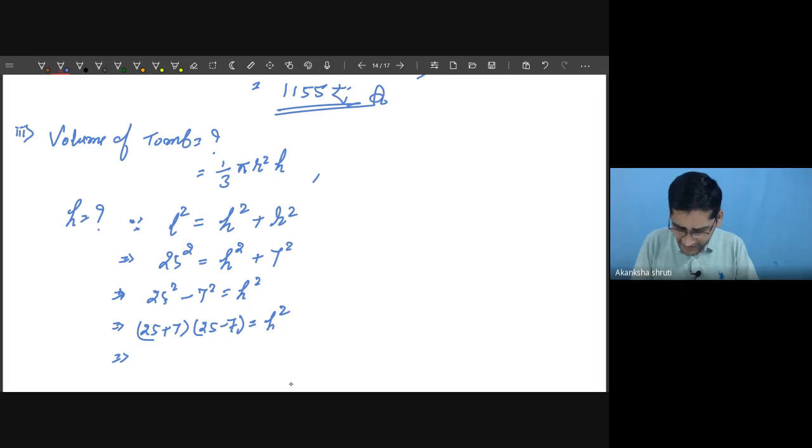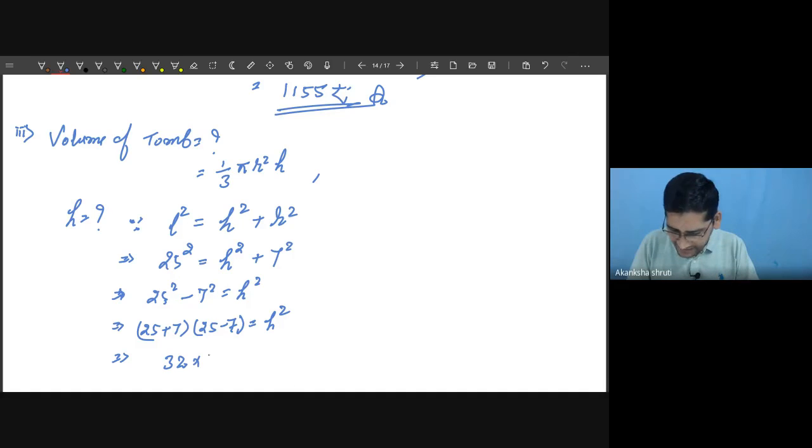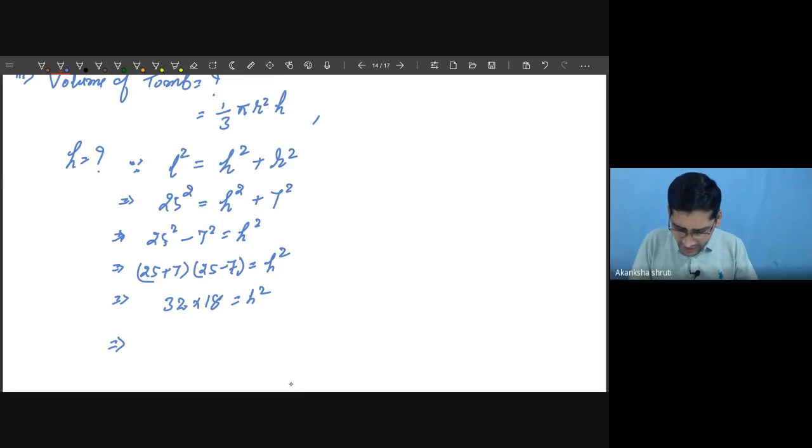These two are in product. So 25 plus 7 is how much? 32. And 25 minus 7 is 18. So for calculating h from this h square, what do you need? You need to take the square root. Root of 32 into 18 is equal to h, okay, students?